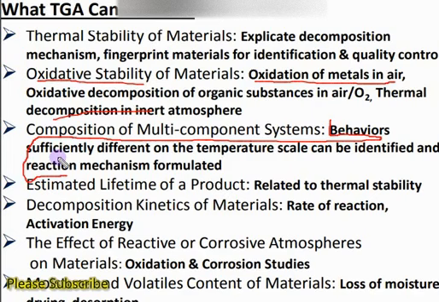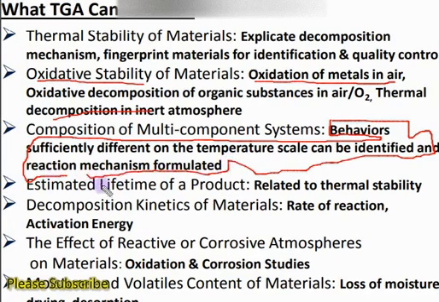When we heat from low temperature to high temperature, there are multiple chemical changes, and these indicate how many new components are formed during decomposition of the sample. This example could be easily understood using that curve, and we will discuss it in detail in coming slides.